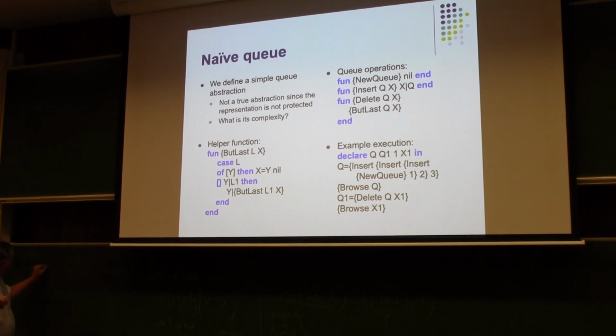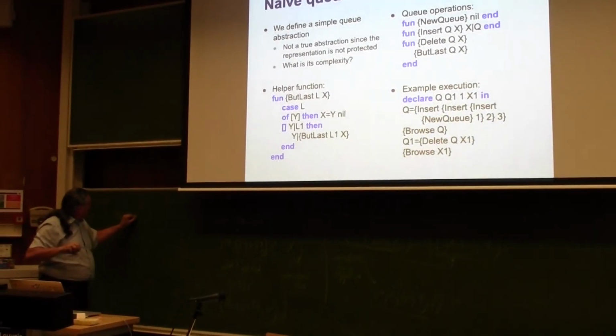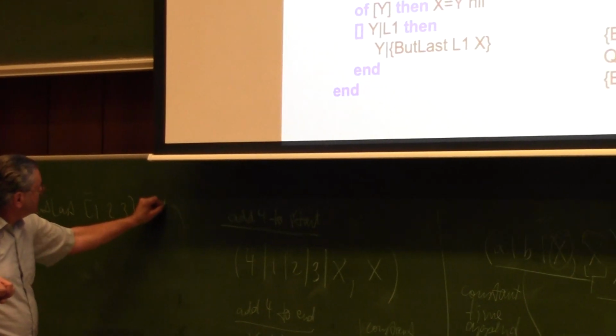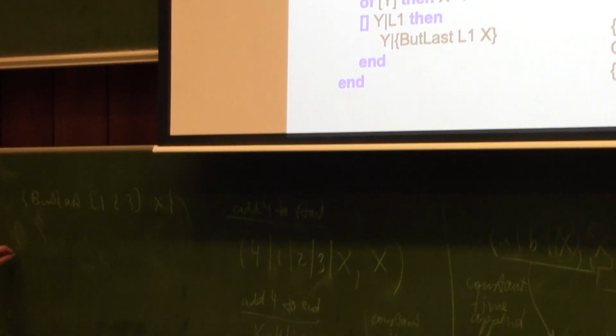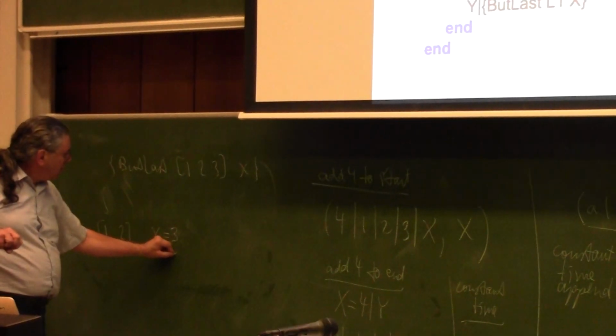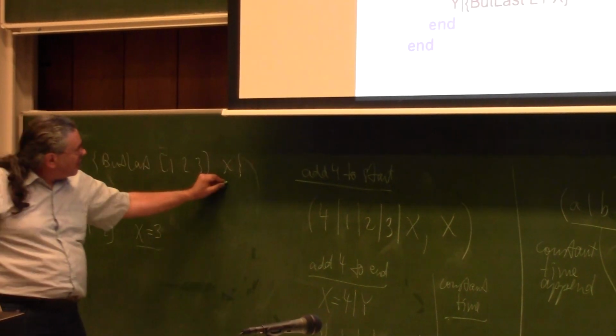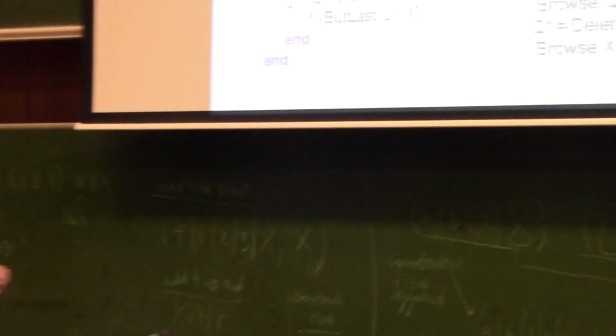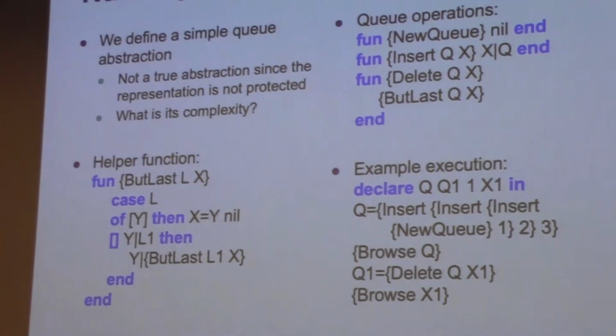So if I do but_last 1, 2, 3, x, that will return 1, 2, and it will bind x to 3. So x is going to be the last element. That's a helper function that I'm going to use.